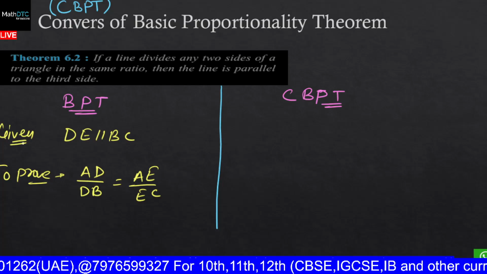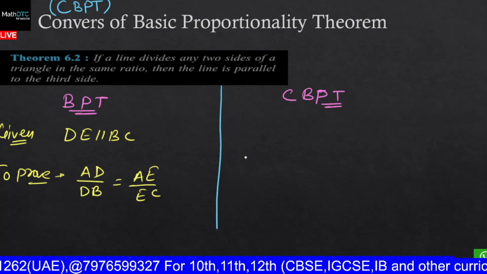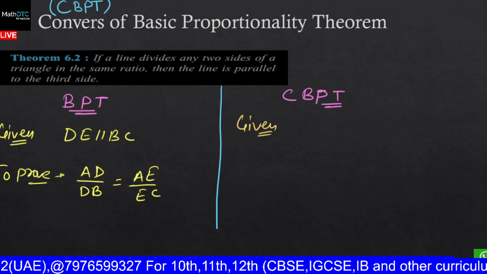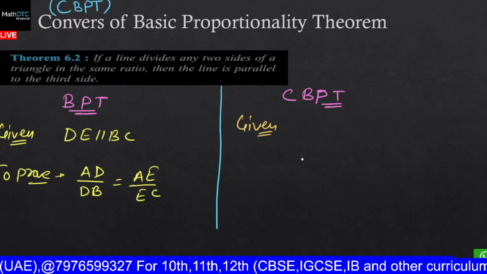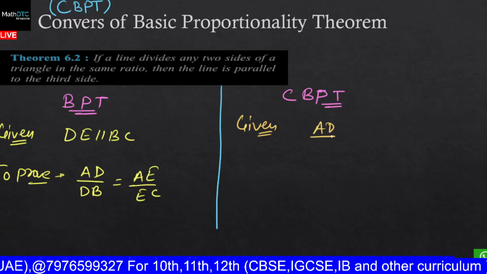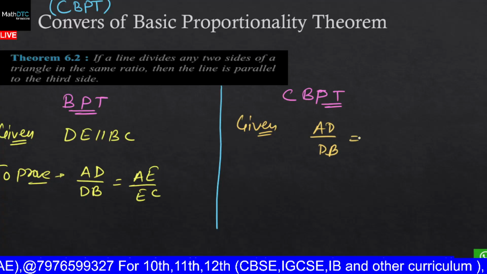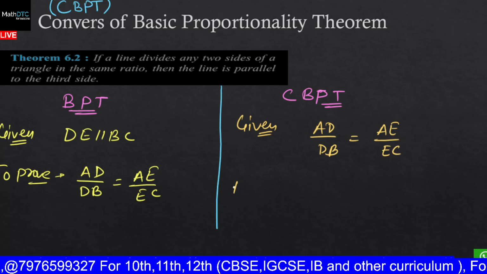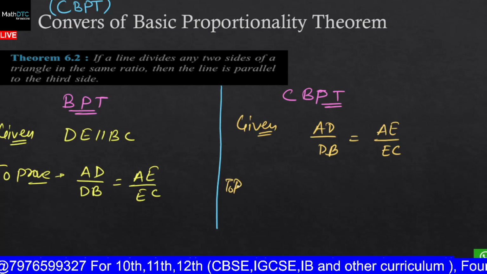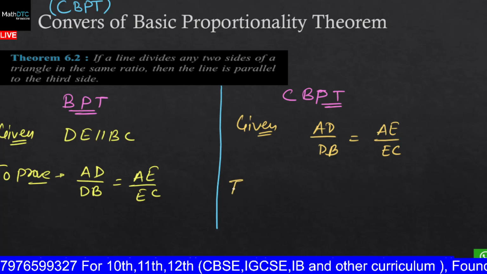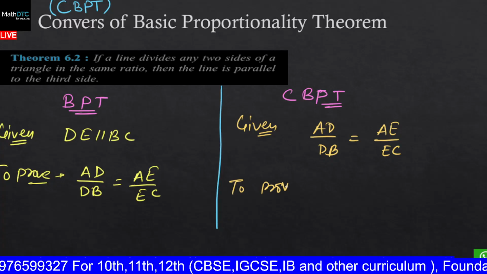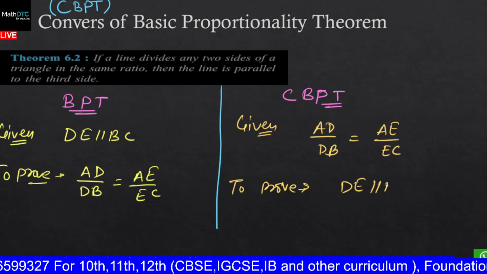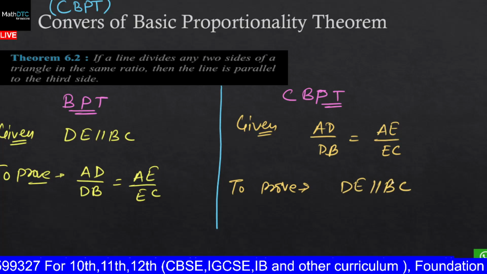But in CBPT, the given is AD upon DB is equal to AE upon EC, and we need to prove that DE is parallel to BC.